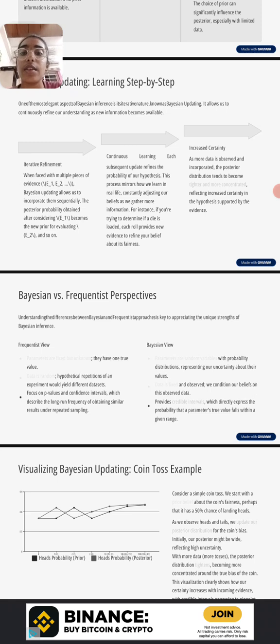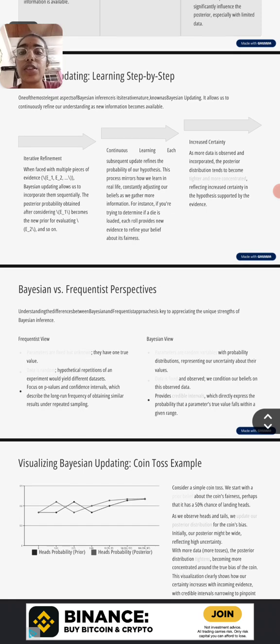Iterative refinement: when faced with multiple pieces of evidence, Bayesian updating allows us to incorporate them sequentially. The posterior probability obtained after considering one piece of evidence becomes the new prior for evaluating the next, and so on.